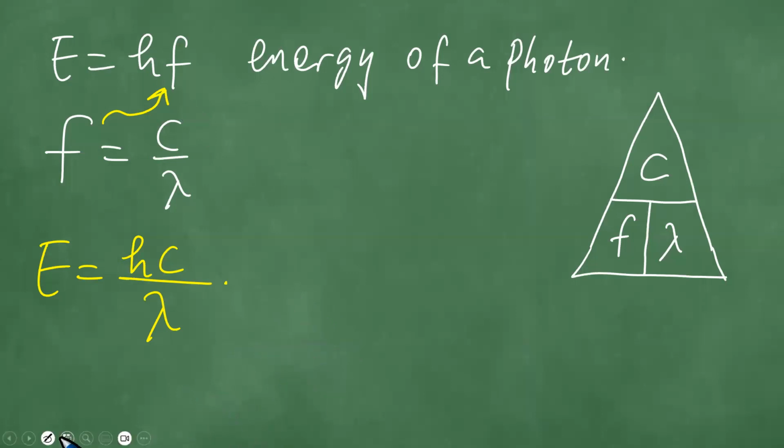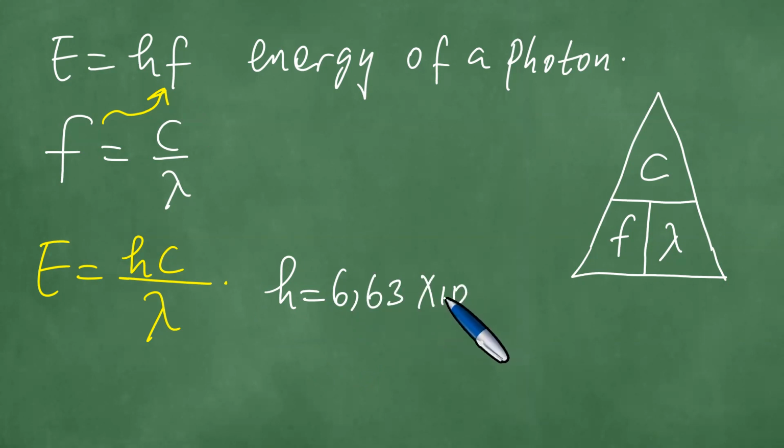We know that H is equal to 6.63 times 10 to the minus 34 joule seconds. And then you also have C.